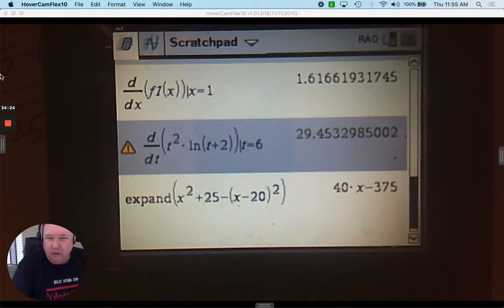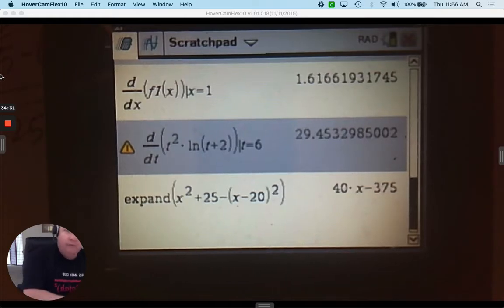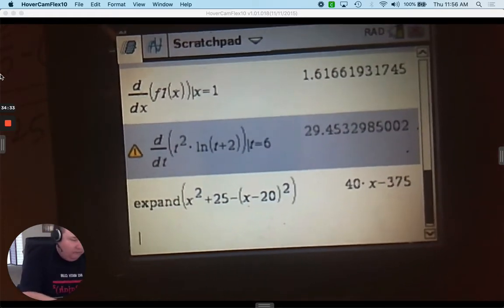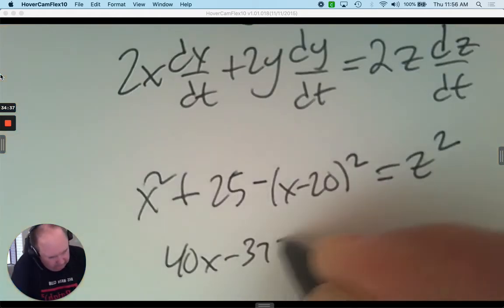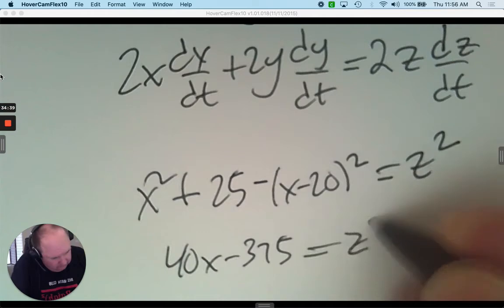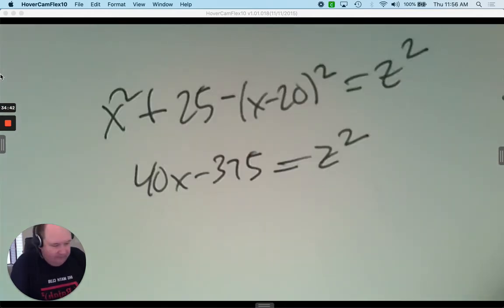Why does it feel wrong? Oh, I got it. Okay. So 40x subtract 375. Now I can take the derivative.